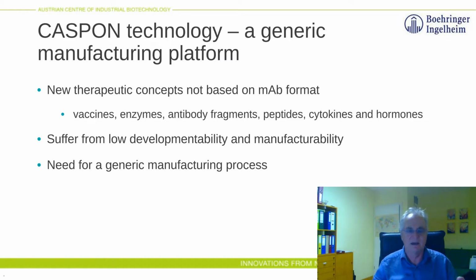Compared to antibodies, we cannot be sure that once we have overexpressed a protein, we can capture and purify it with protein A affinity chromatography. So we have to find other ways.